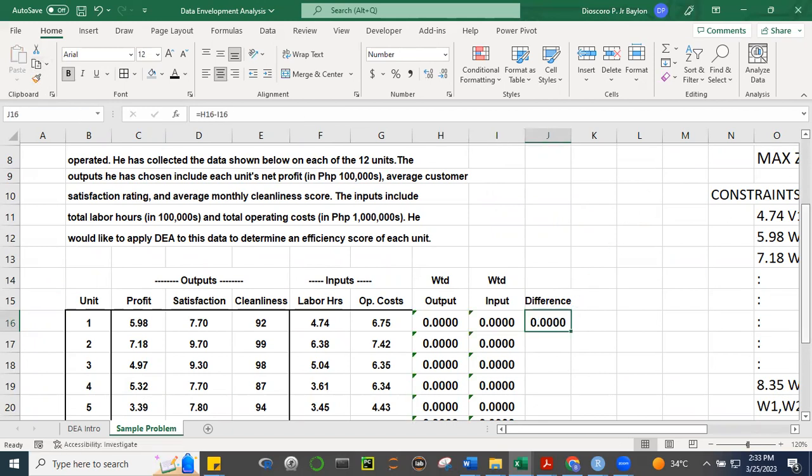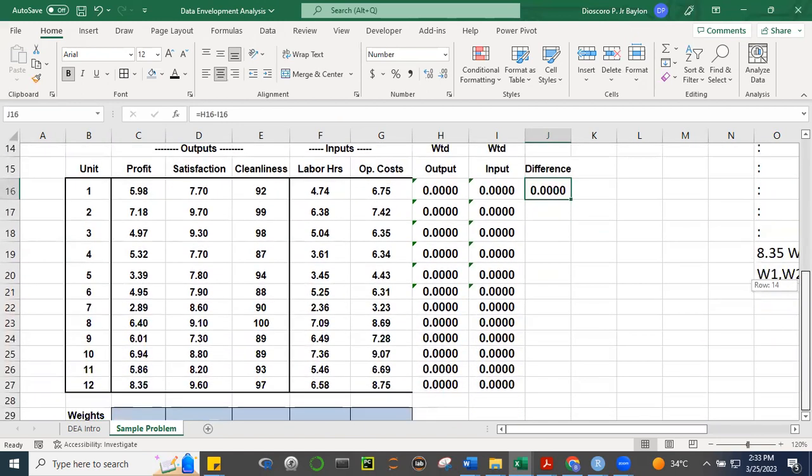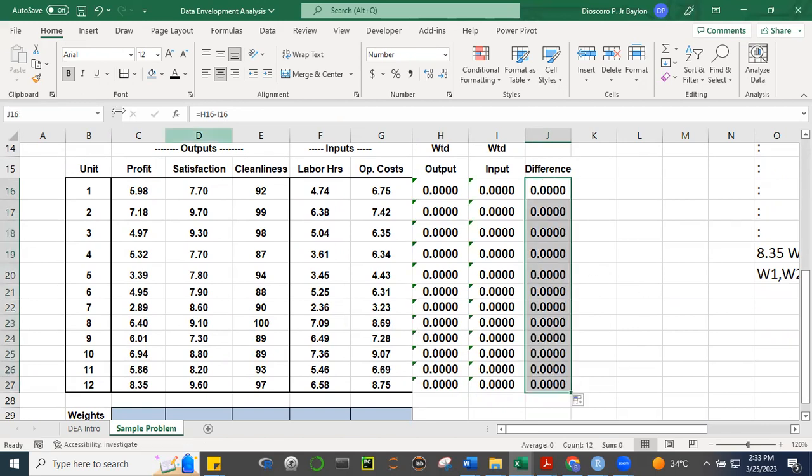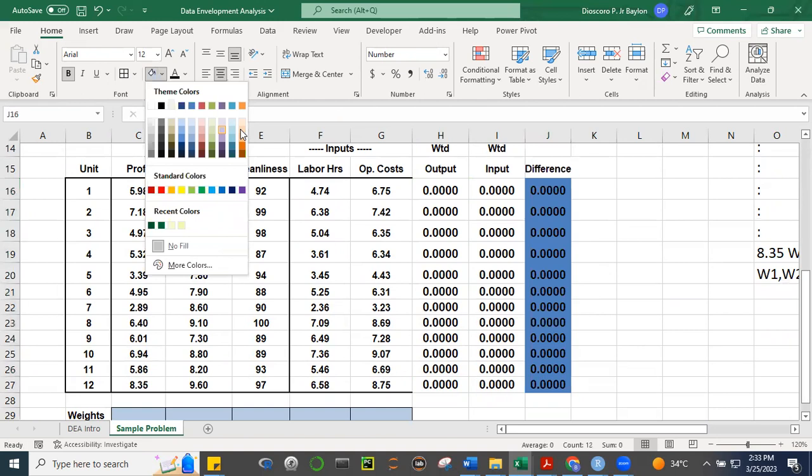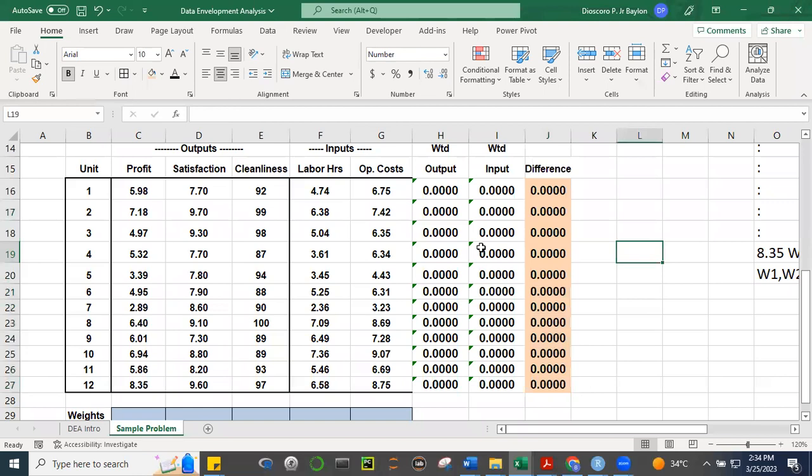All right, now I saw some of you having a different setup. It's okay. But maybe as a suggestion, try to make your model in such a way that it's efficiently constructed. So this will be our constraint.